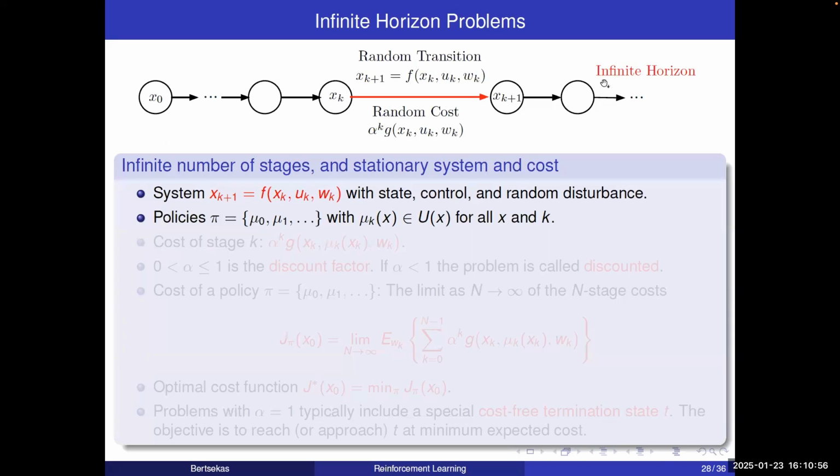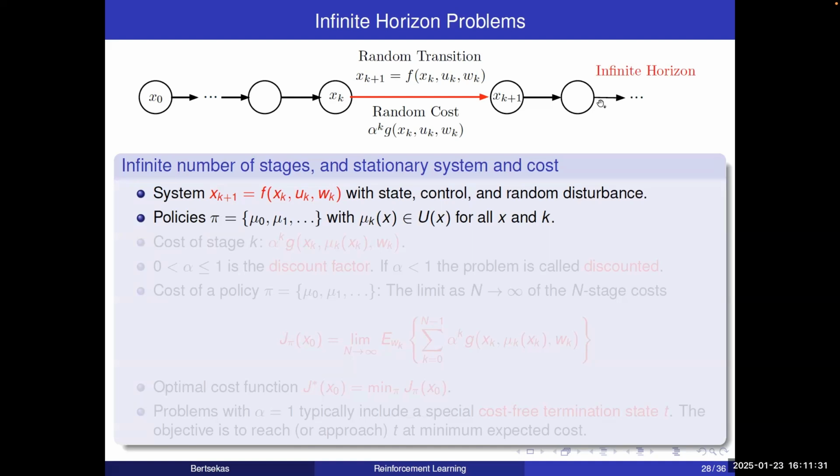Recall that in a finite horizon problem, after n stages, after we make n decisions, the process terminates, right? No further decisions are needed. Whereas in the infinite horizon problem, this process continues indefinitely into the future. So practically, this means that the problem involves so many stages that you might as well just consider it infinitely many stages. So this is one difference.